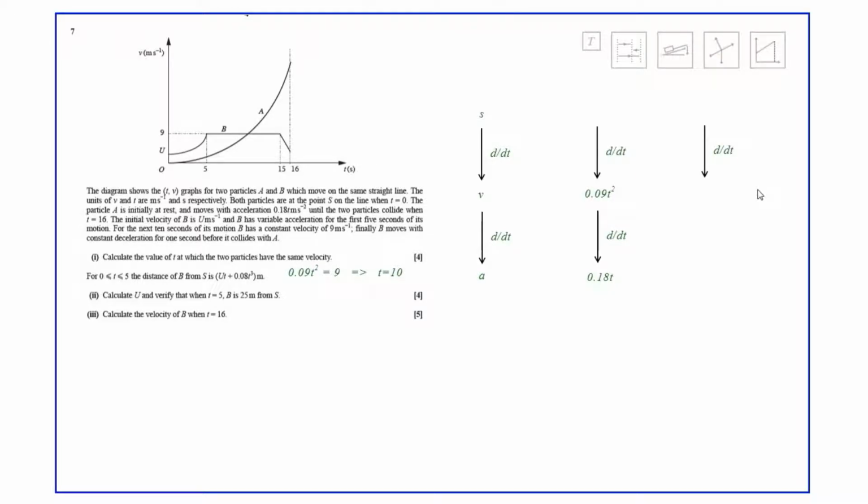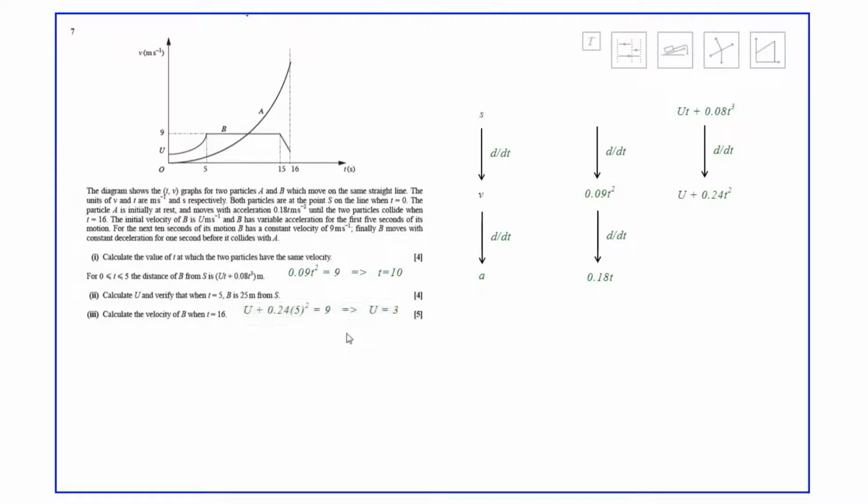And so if we fill in the chart for particle B, we've got the displacement function, and we can differentiate that to get velocity. And then we do know a case in point. An example for the velocity is that u plus 0.24 t squared is going to be equal to 9 for the particular t value of 5.